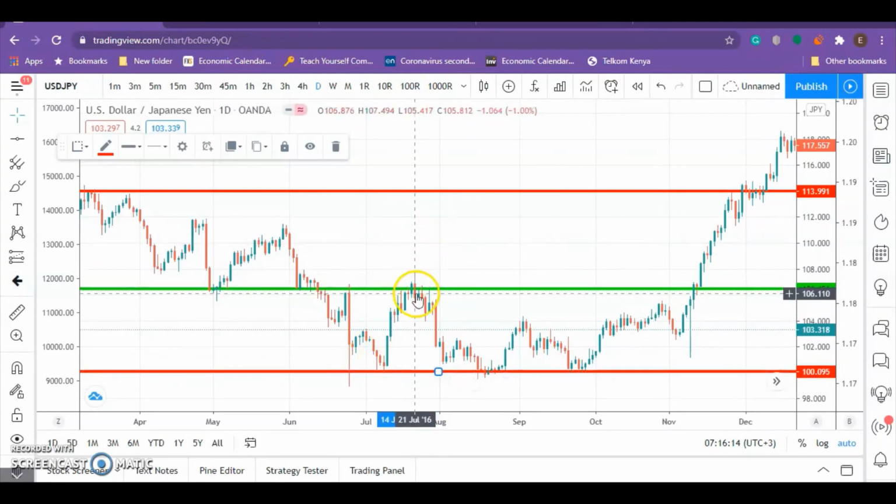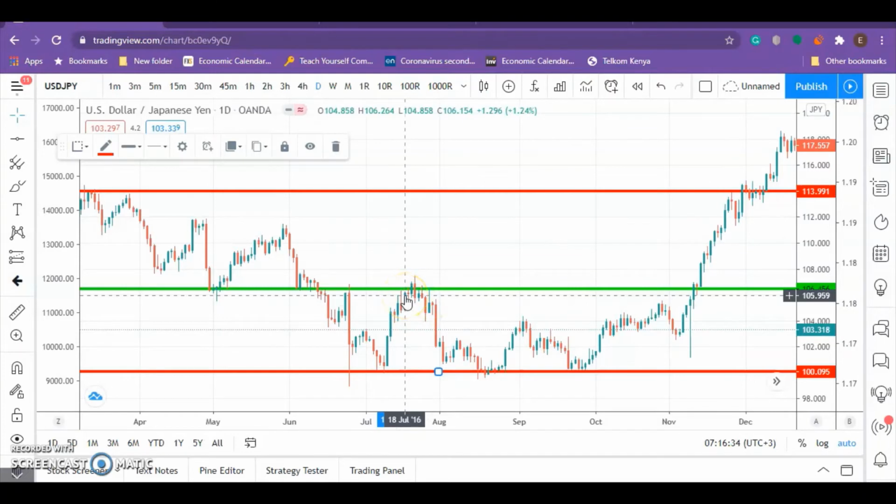Then after it has gone back up into the buy zone, I'll put my sell just above here. Then I'll short it up to our first take profit, which gives you around 600 pips. A dollar gives you $6,000.